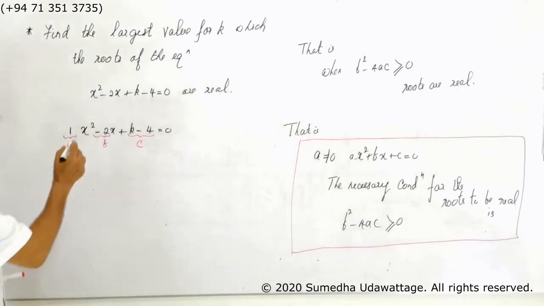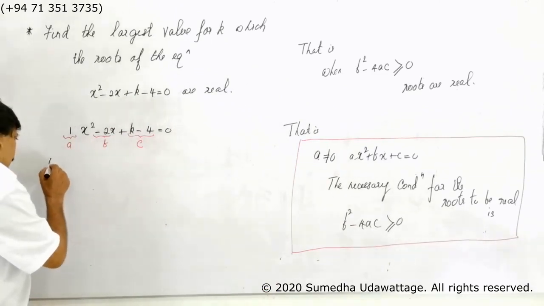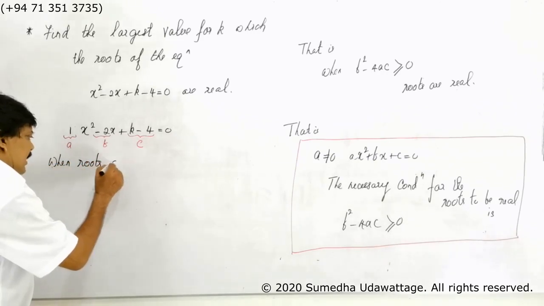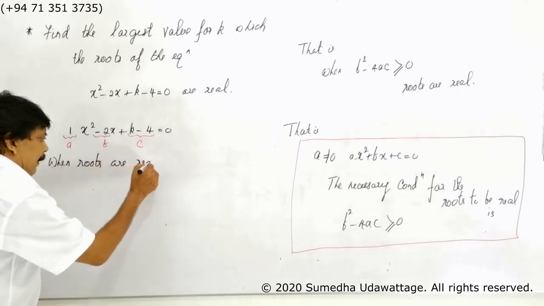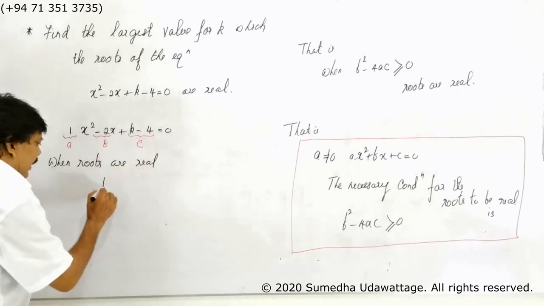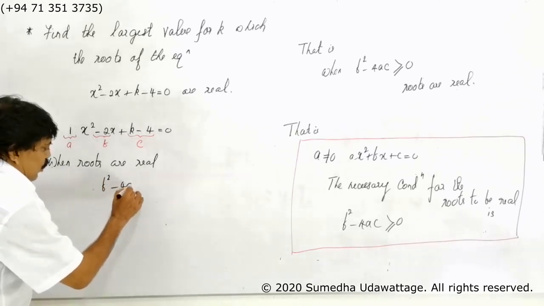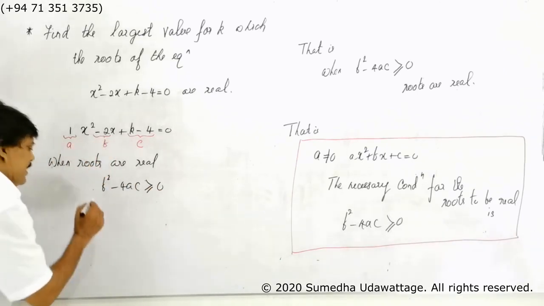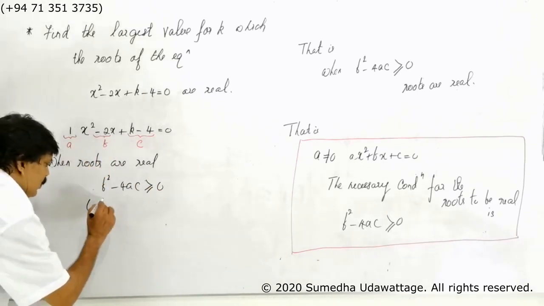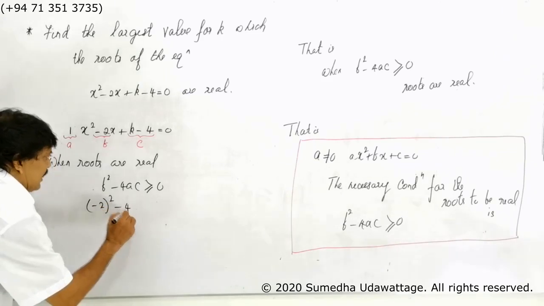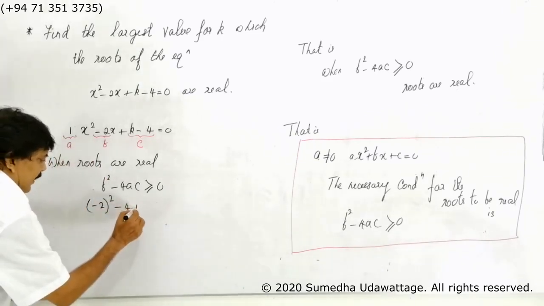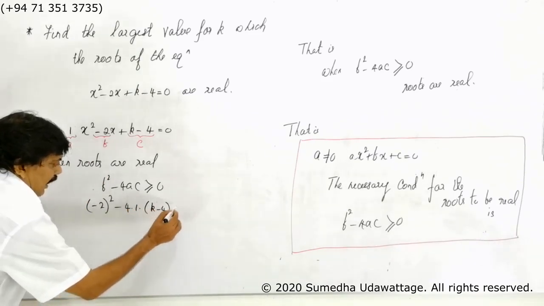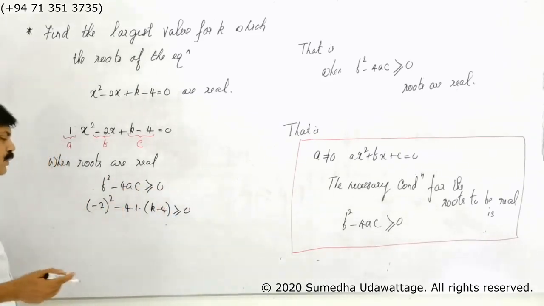If the roots of this equation are real, b square minus 4ac is larger than or equal to 0. b is minus 2 square, minus 4 times a is 1 and c is k minus 4, larger than or equal to 0.